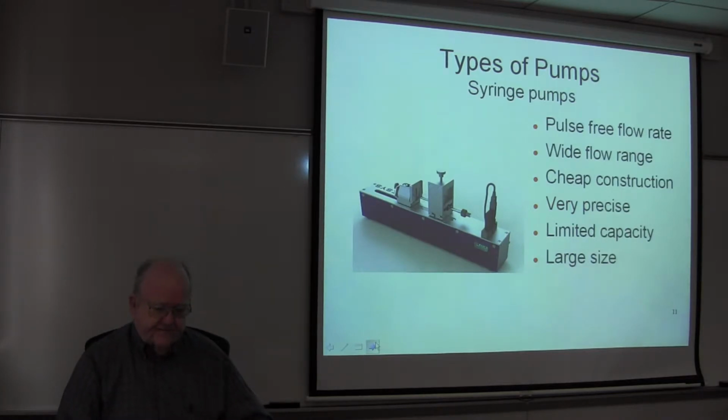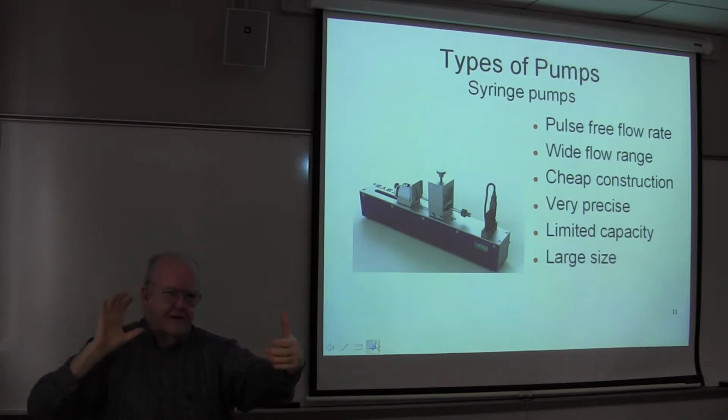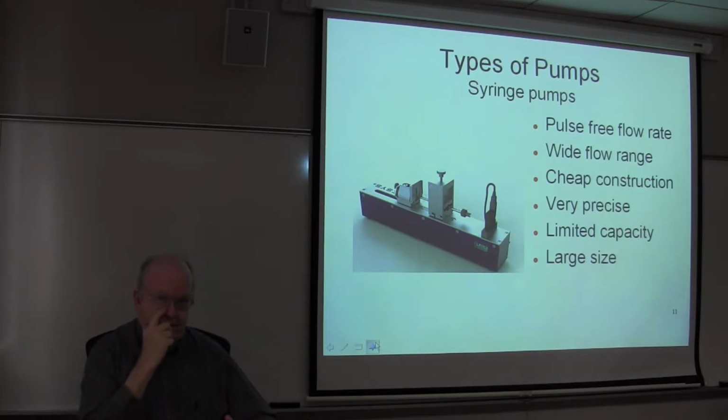Another kind of pump is a syringe pump. Some people simply call it a screw pump. Just imagine a big syringe attached to a plunger on a screw. The motor turns, the screw advances, and pushes the fluid out of the syringe.